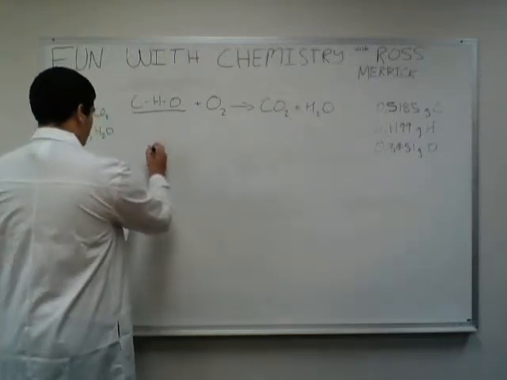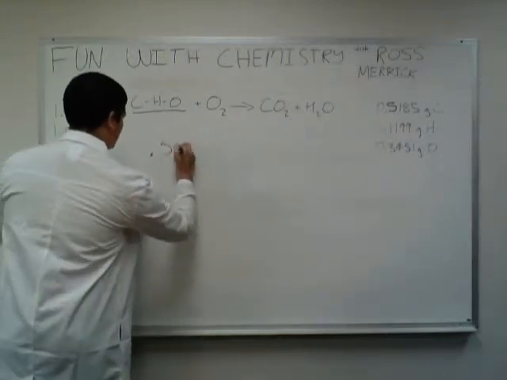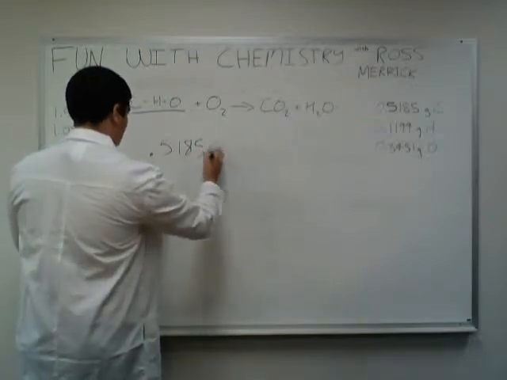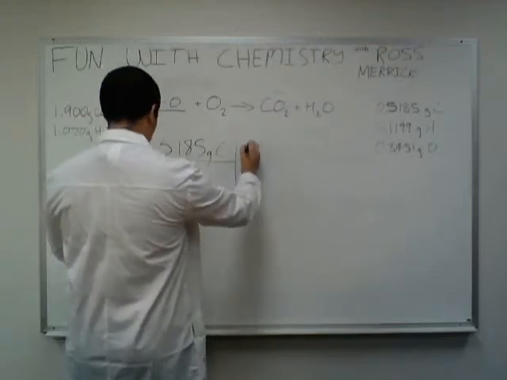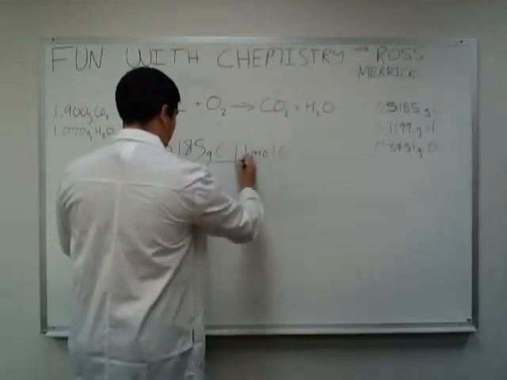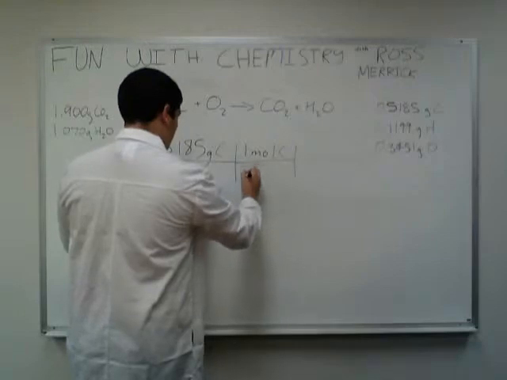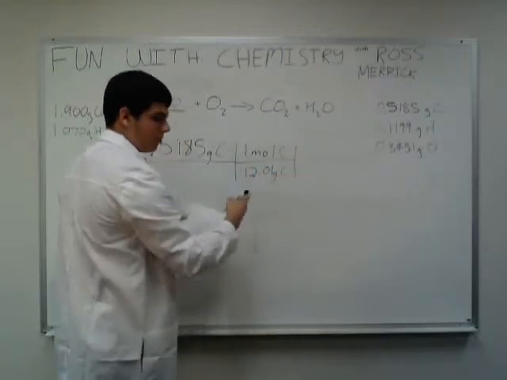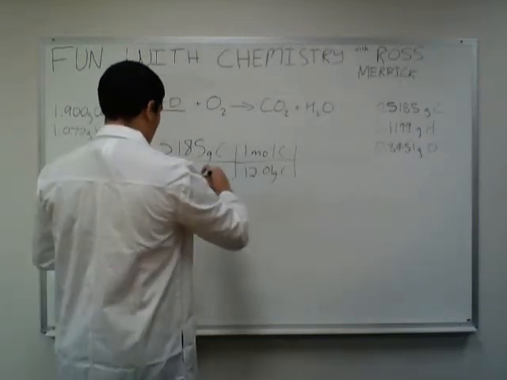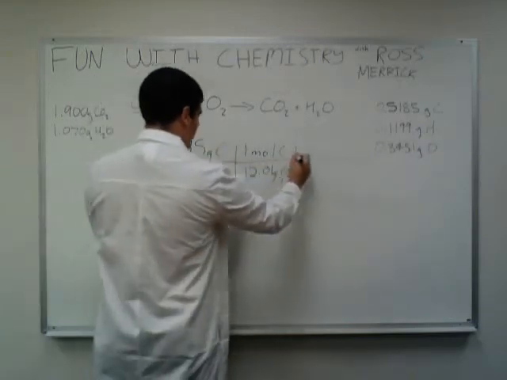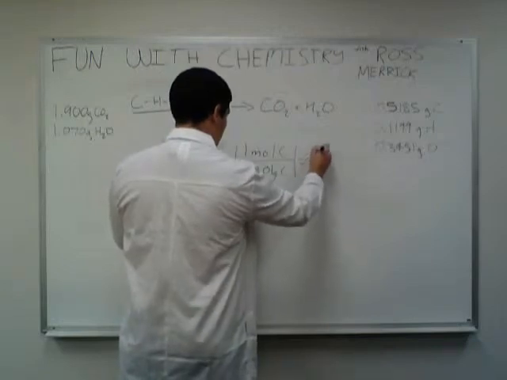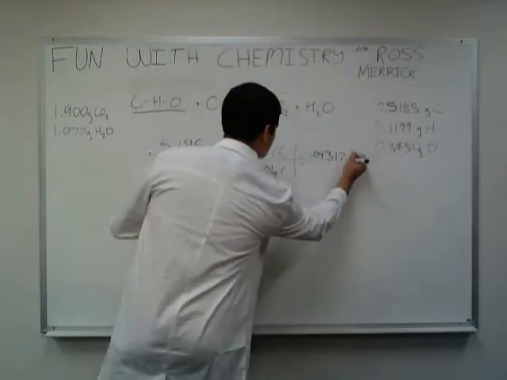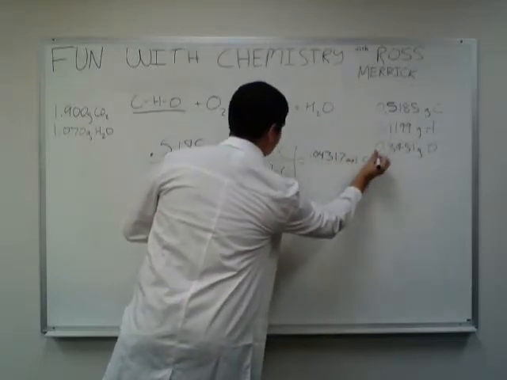We have 0.5185 grams of carbon, and we know that 1 mole of carbon is equal to 12.01 grams of carbon from the periodic table. Our grams will cancel out, and we get an answer of 0.04317 moles of carbon.